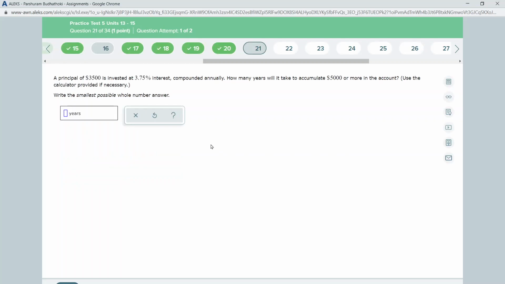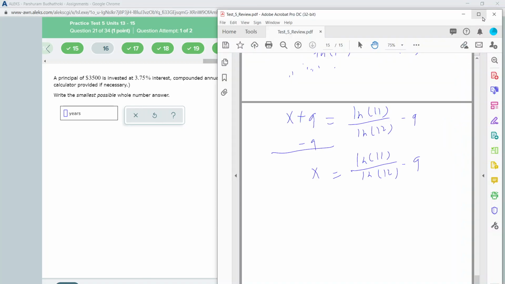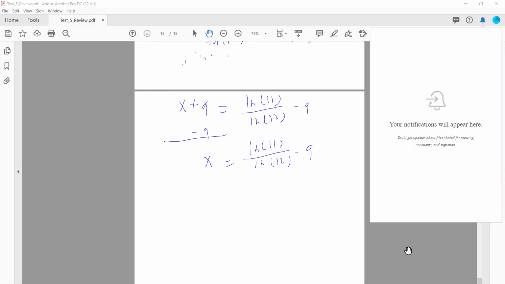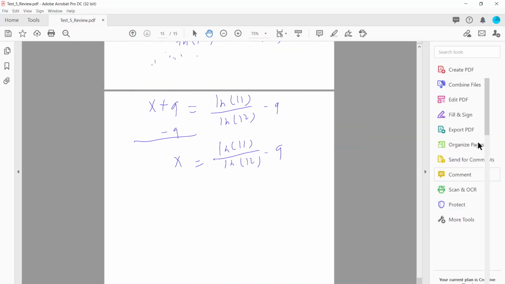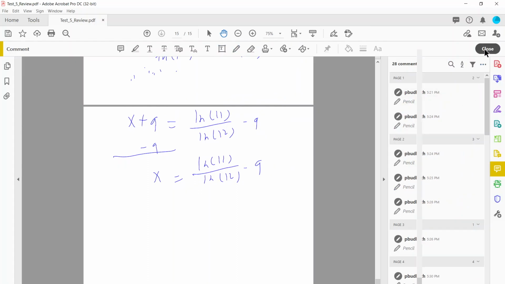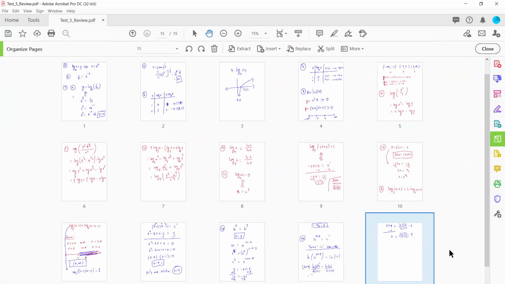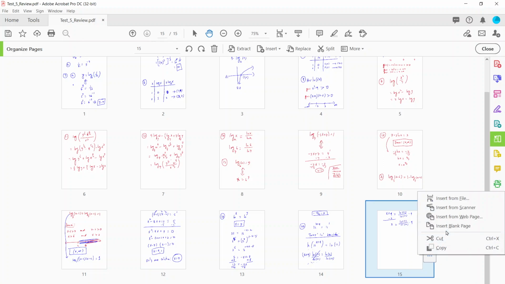Okay, this is the word problem. As you can see, a principal of 3500 is invested at 3.75% interest, compounded annually. So you have to know the formula to do this kind of problem. Let me just add some extra page here.